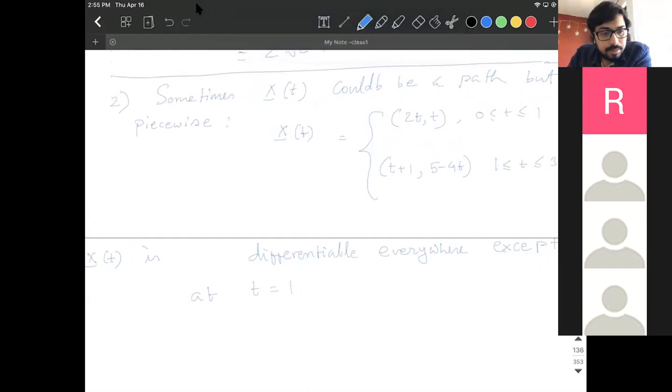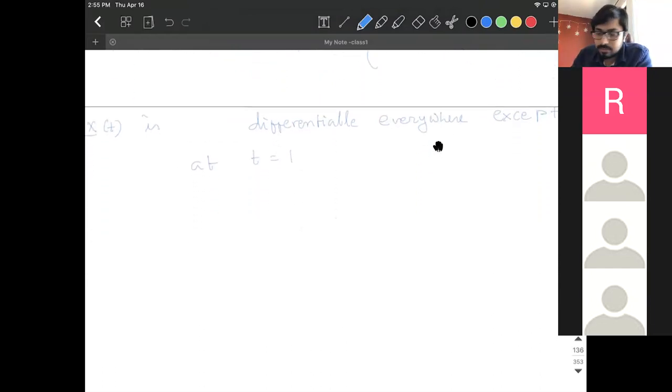So this is not really a path in the sense that we don't have continuous differentiability.